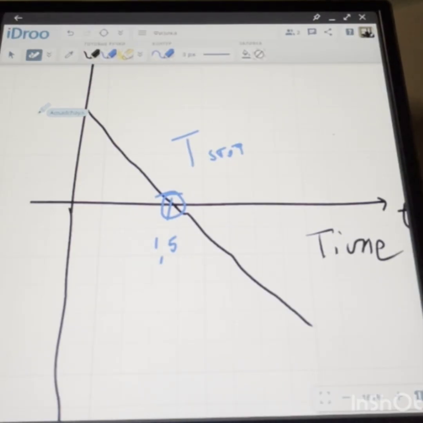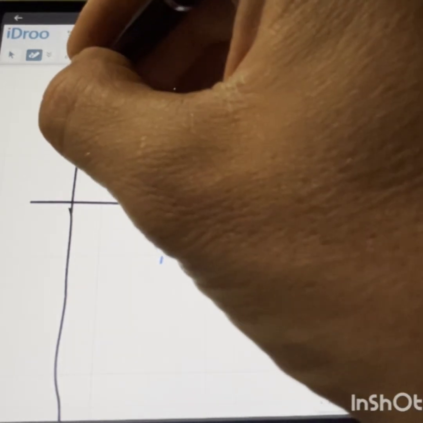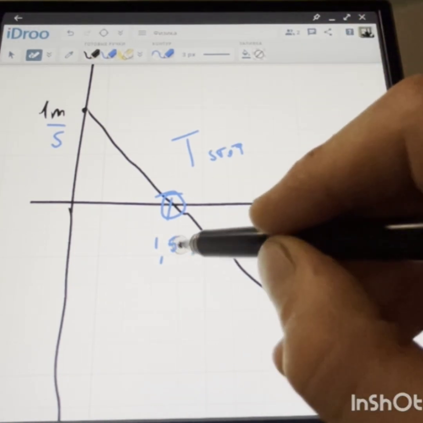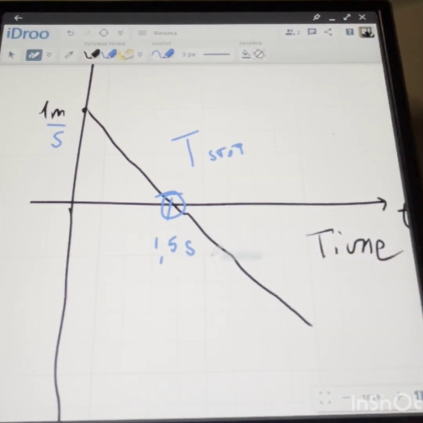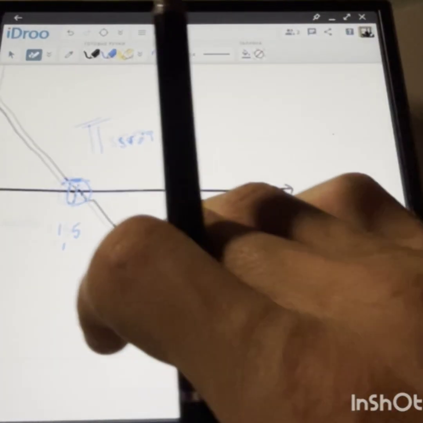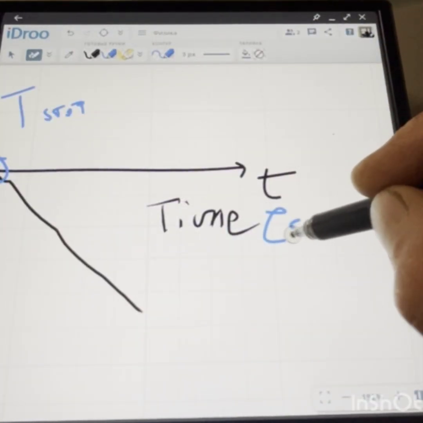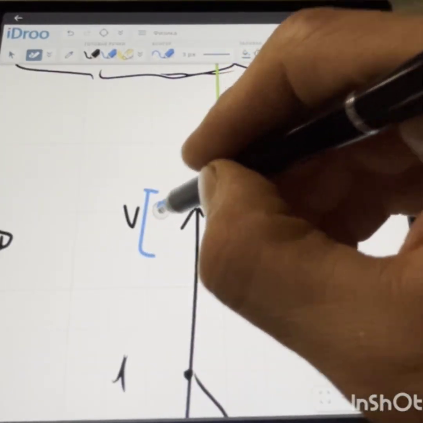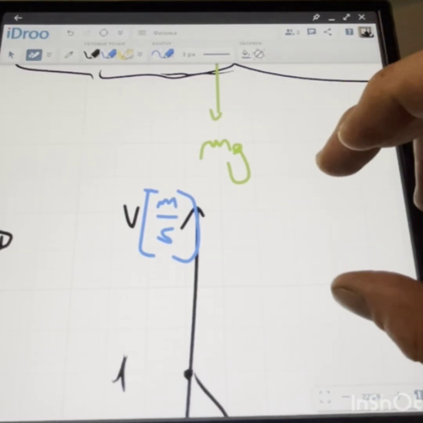So this is 1 meter per second, and it comes to a stop in 1.5 seconds. Perfect. We put seconds here and meters per second there.